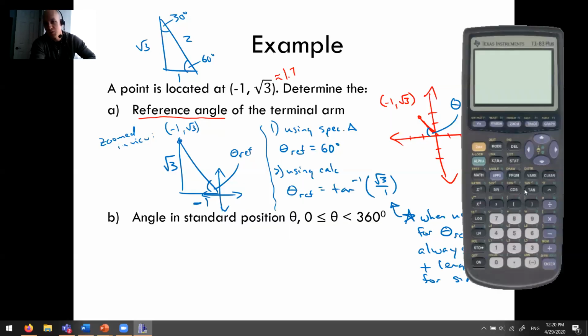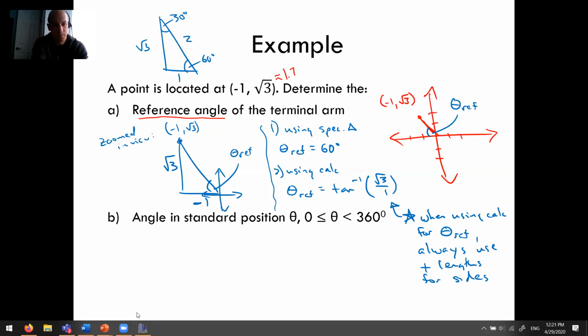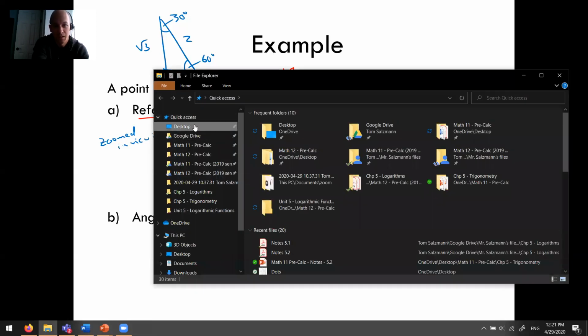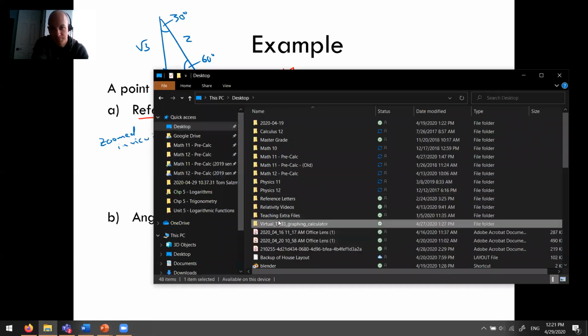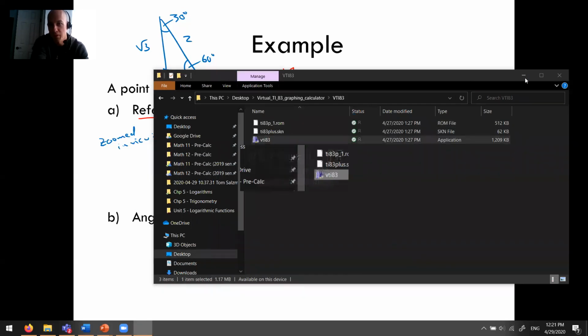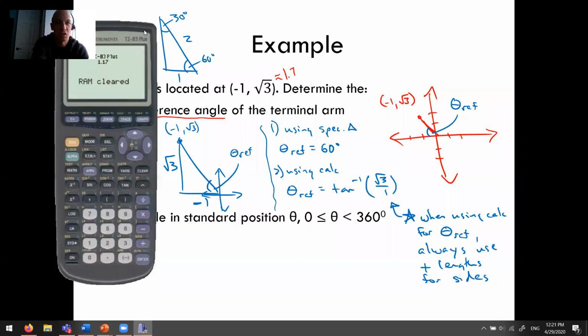So let's actually just do this. Let's go second function, tan, and did my calculator just give up on me? Yeah, it did. Okay, so this is kind of buggy, which is why it's also not my favorite. Let's open it up one more time, and if it starts bugging out on me too much, I'll just stop using it.